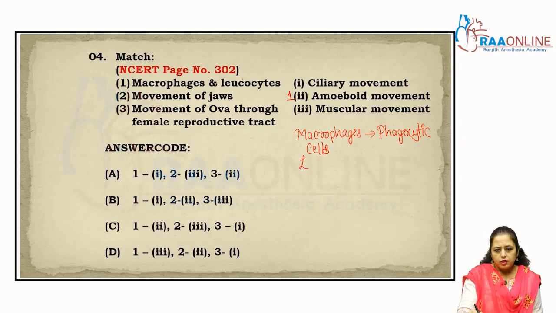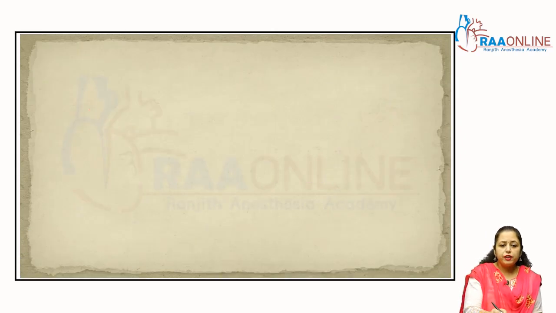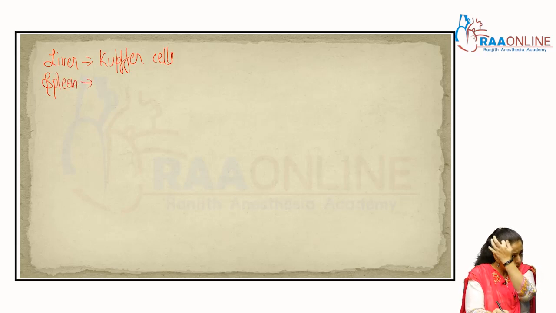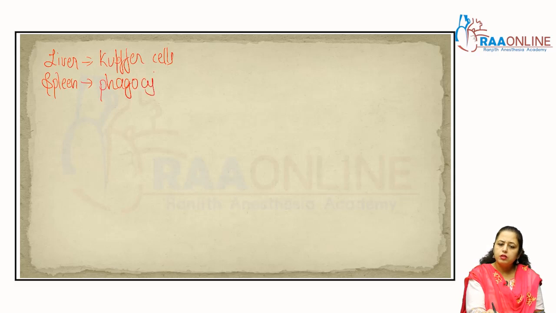These macrophagic cells are phagocytic cells, and in the liver these macrophagic cells are called Kupffer cells. In the case of the spleen, they are called phagocytic cells.